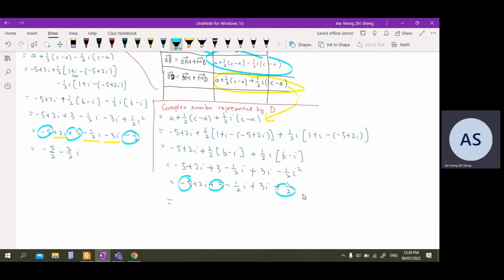That gives me a minus 1.5, which is minus 3 over 2. Imaginary terms, I have a plus 5I minus half I, that's plus 9 over 2I. Okay, and that's it. So these are the two complex numbers represented by B and D, respectively.